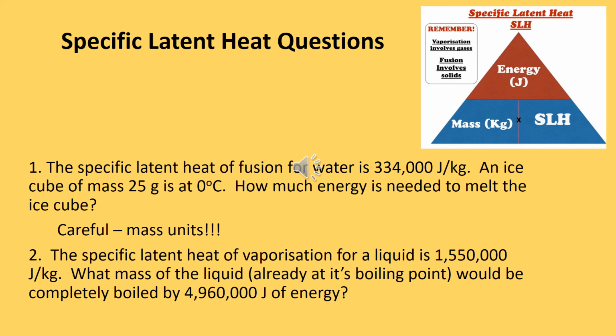Number 1, the only thing to be careful with is the mass units. Number 2, you have to do a rearrangement to make mass the subject of the equation. The next slide will show you the worked examples and the answers. Good luck.